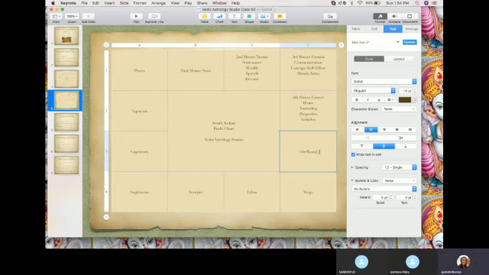Fifth house, Leo. The fifth house is a house of creativity, children, spiritual practices, entertainment, romance.